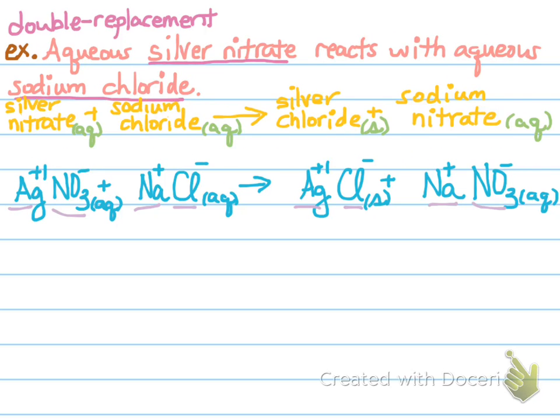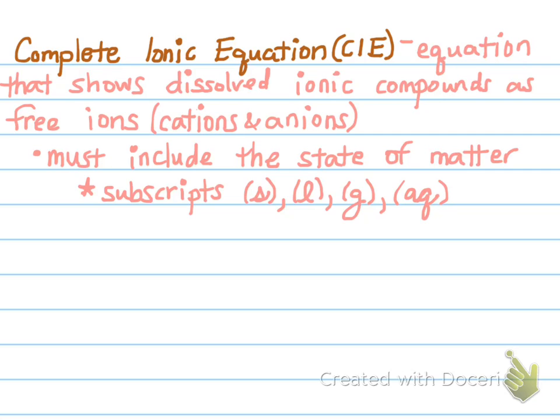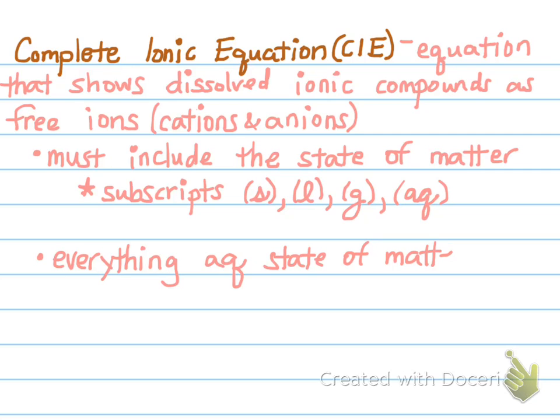What that means, and maybe we want to add that back here with some notes, is that everything that is in the aqueous state of matter is broken down into its ions.